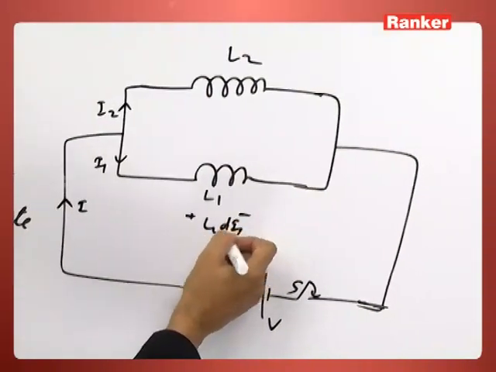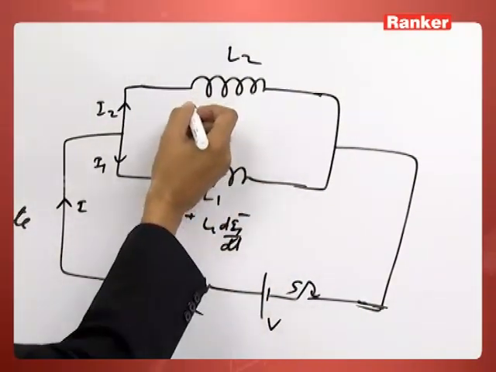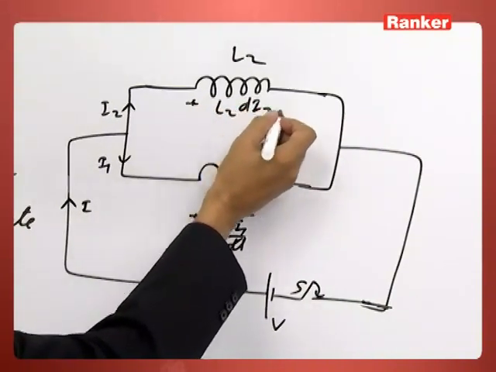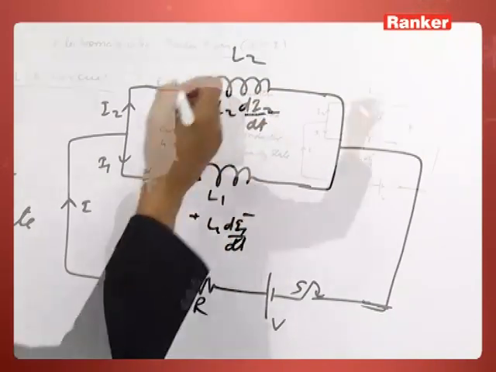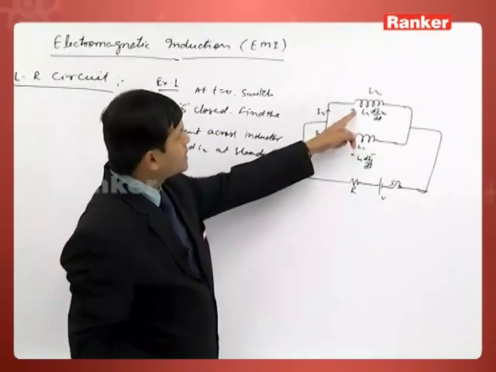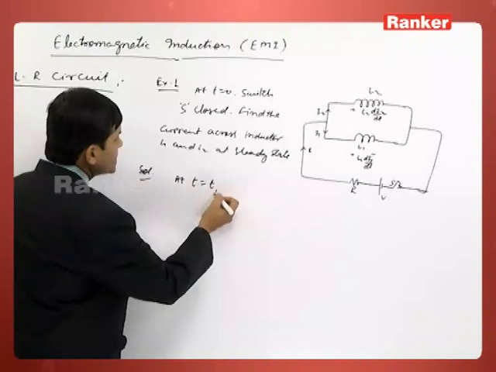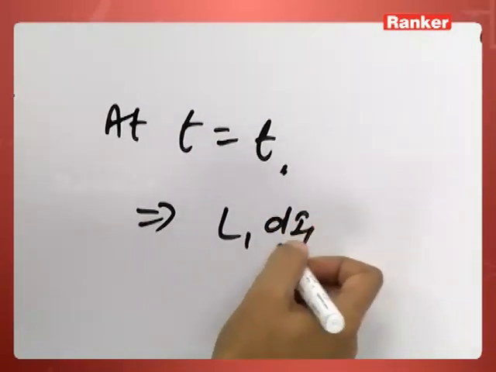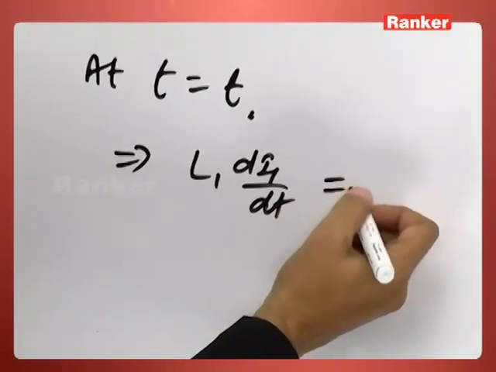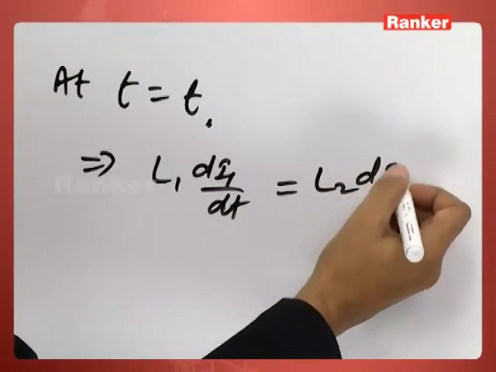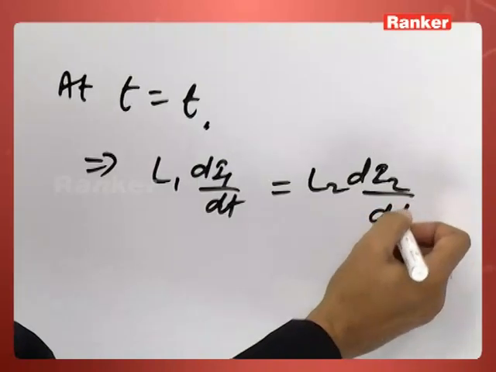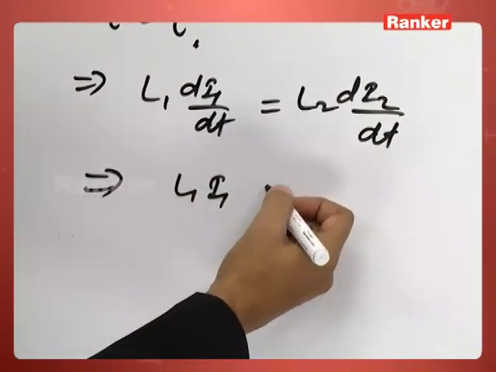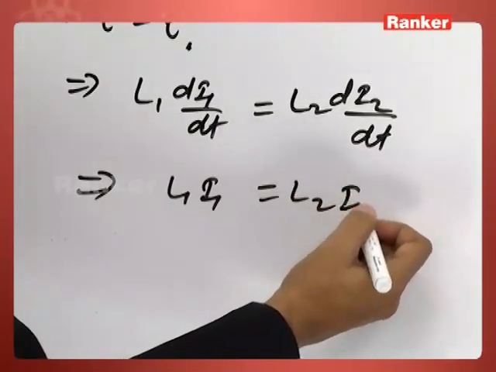L1 di1 by dt here, and here the EMF is L2 di2 by dt, and these two are in parallel. So at t is equal to t, we have L1 di1 by dt is equal to L2 di2 by dt. From that we can have L1 I1 is equal to L2 I2.